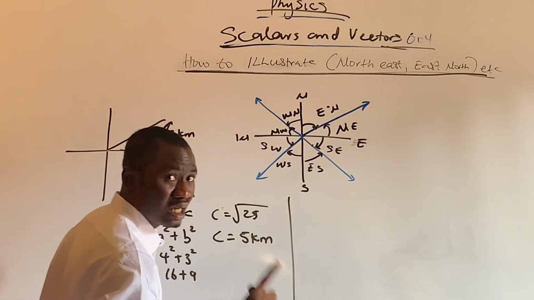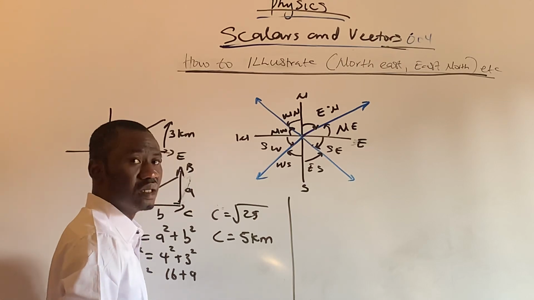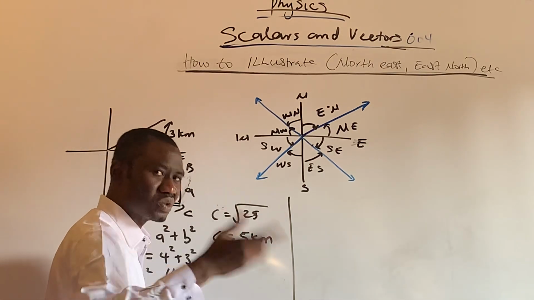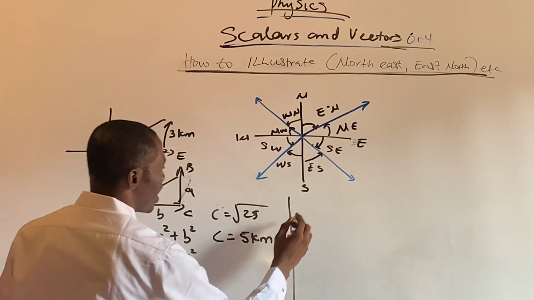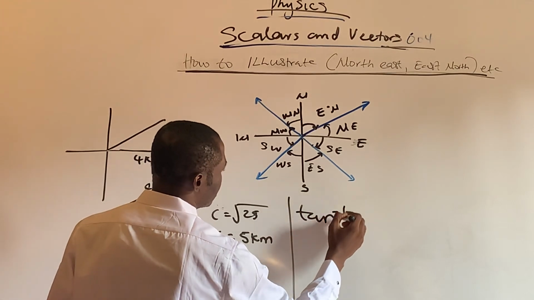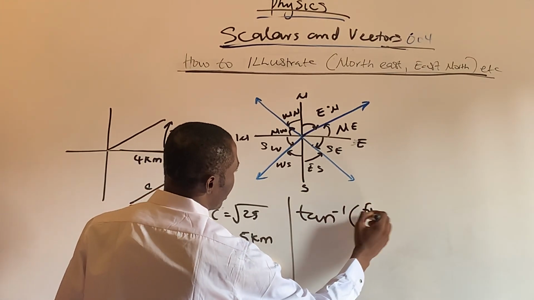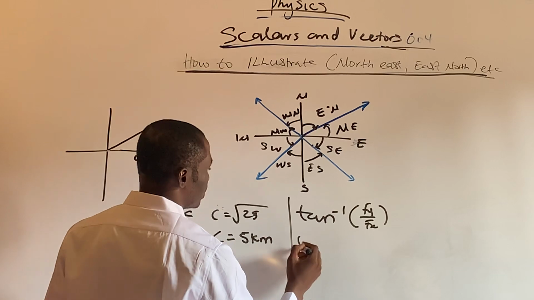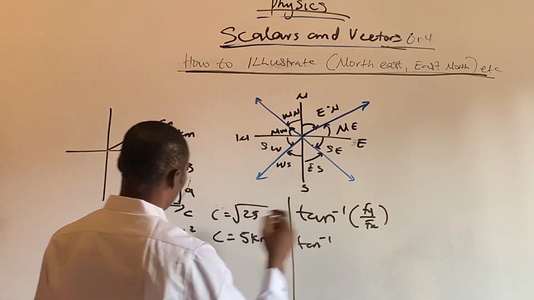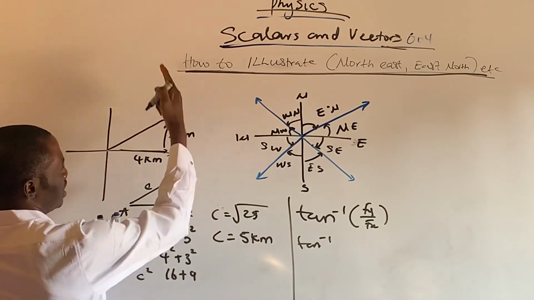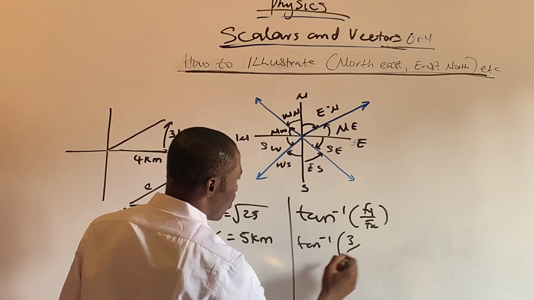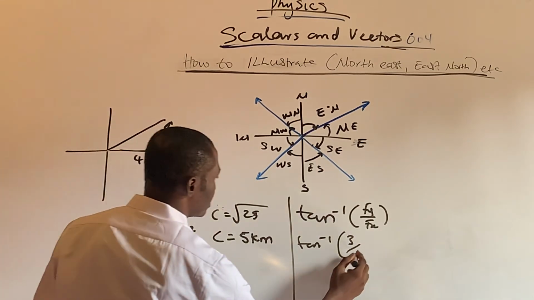If you have been in our Vectors and Scalars videos 001, 002, 003, you should have known that. So we have tan inverse of F_y over F_x. So the tan inverse of, the y component is 3, over the x component, which is 4.